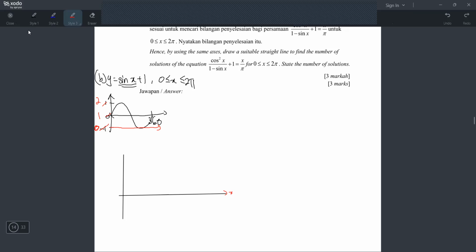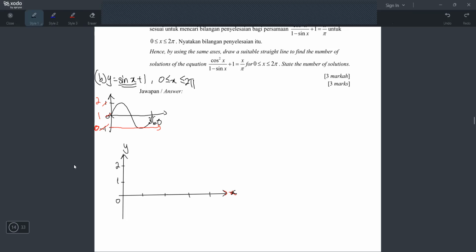Write x here, and then write y here. We only need 0, 1, 2, so I'll just put 1, 2. There's no negative down here, there's nothing down there. And then we have to make sure we divide this into 4 angles: 90, 180, 270, 360.